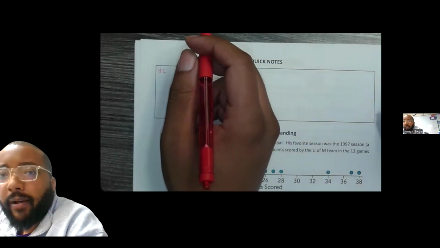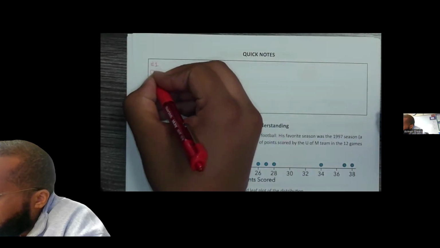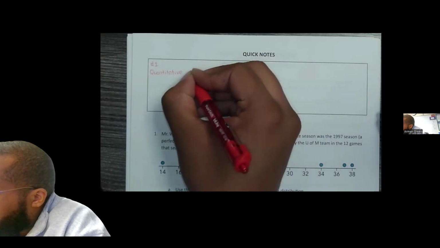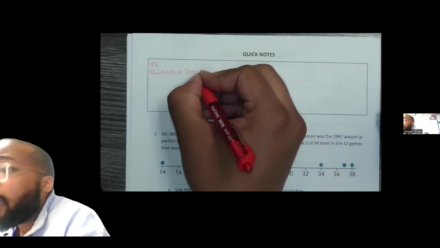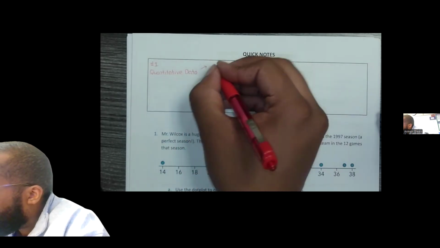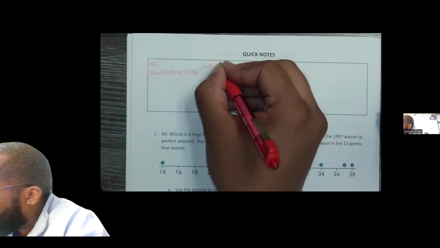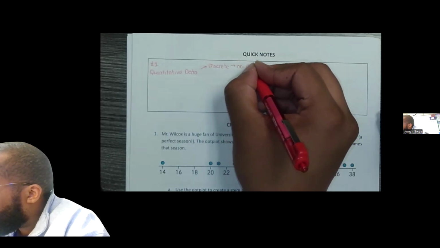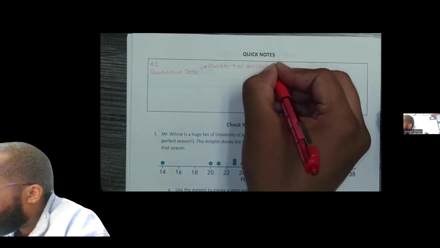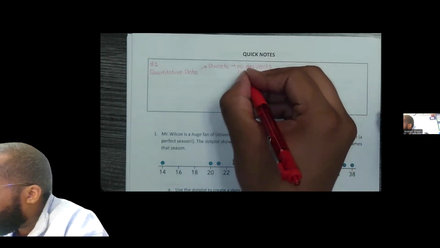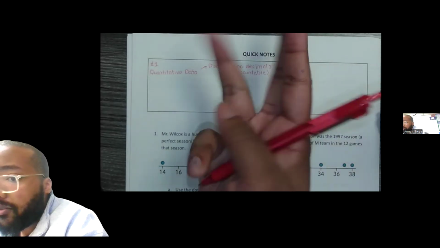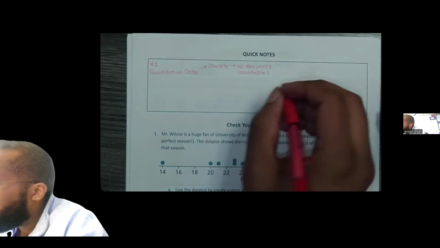The first thing we're going to recap is quantitative data. We said there are two types of quantitative data you can have. You can have what's called discrete, where you have no decimals in your numerical values. In other words, we sometimes say countable, like 1, 2, 3, 4, 5, like counting numbers.